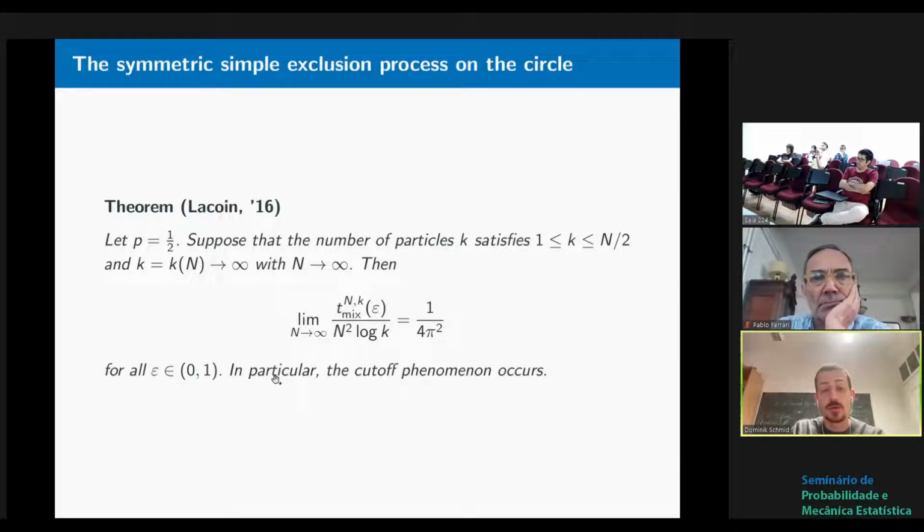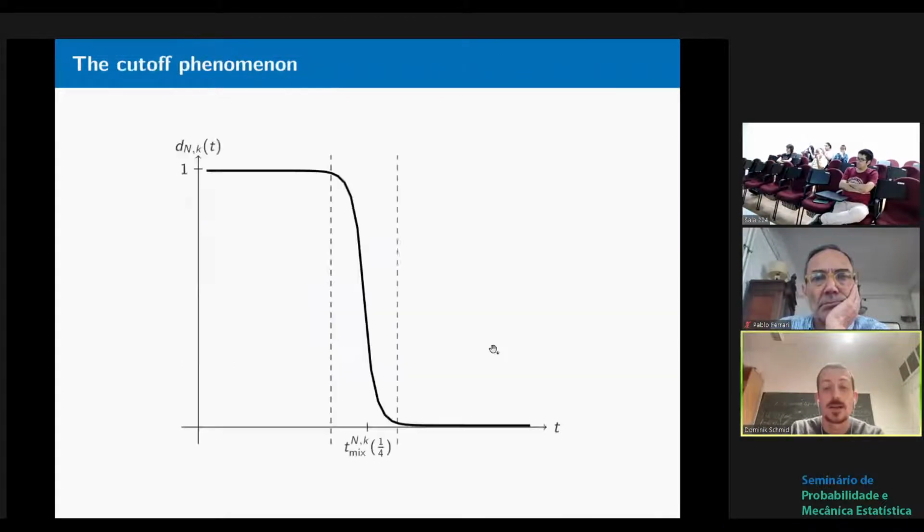And let me comment also a bit on what I mean here by cutoff, and this can be nicely visualized as follows. So think of n being very large. Then if we look at the order of the mixing time, T mix of n, k, and let me fix some epsilon, say epsilon is equal to 1/4, then we say that this family of Markov chains exhibits cutoff if we see the following.